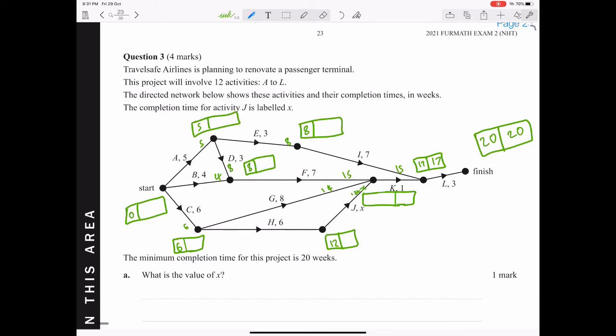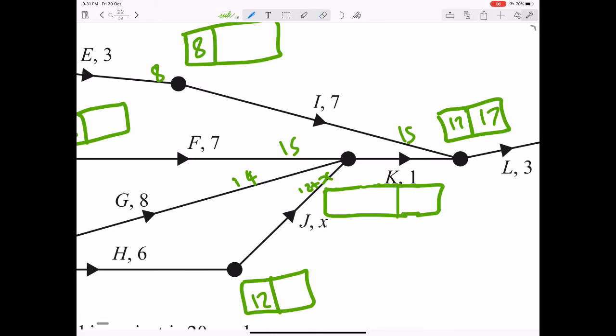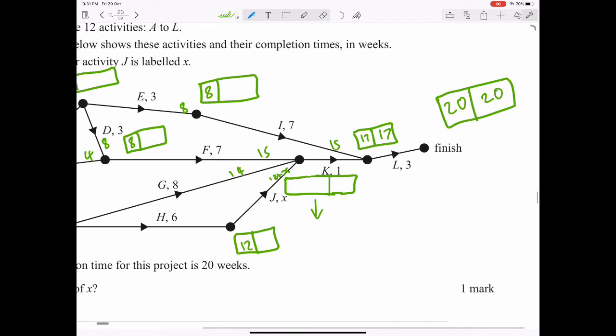So to determine what number goes into here, the earliest start time for K plus 1 should equal the earliest start time for L, which is 17. So it can't be 15 because 15 plus 1 is not 17, and it can't be 14 because 14 plus 1 is 15. That's not 17. So that leaves us with 12 plus k.